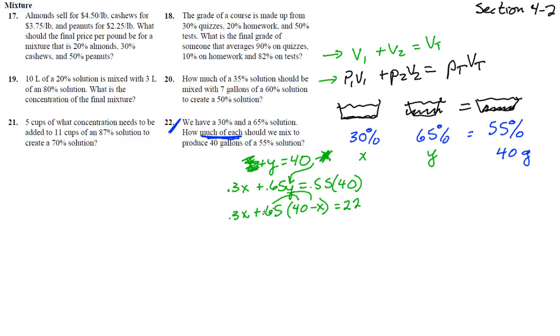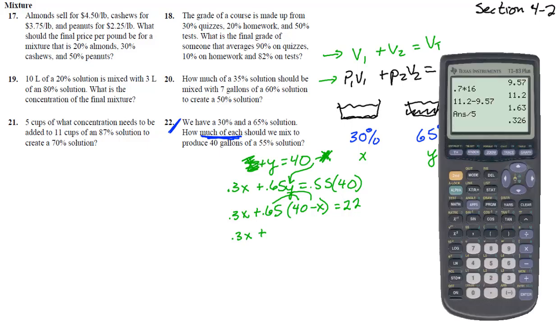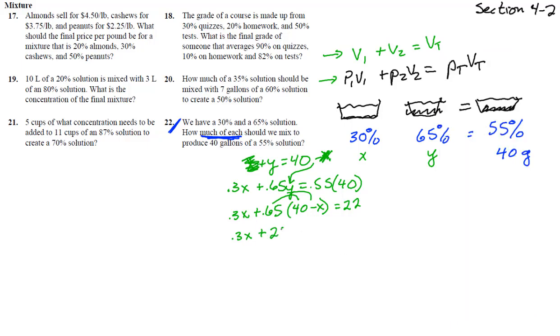Distribute the 0.65 in and we get 0.3x plus, what do we get there? I better get the calculator out, I don't want to mess up on that one. 0.65 times 40, 26. 26 minus 0.65x equals 22.